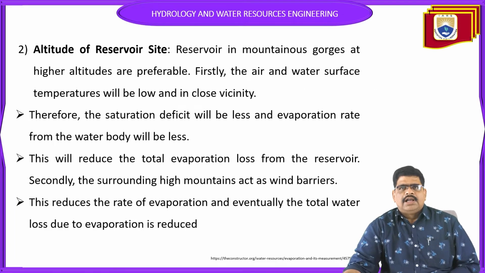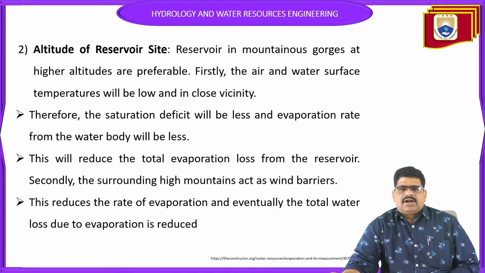Next one is the altitude of the reservoir sites. The altitude of the reservoir sites means that the construction of the reservoir is preferably above some mountains or gorges, at a higher altitude. What happens with construction at a high altitude?